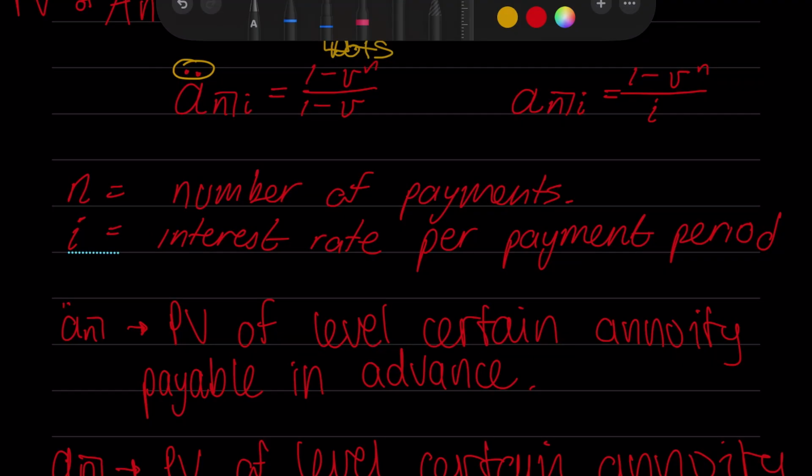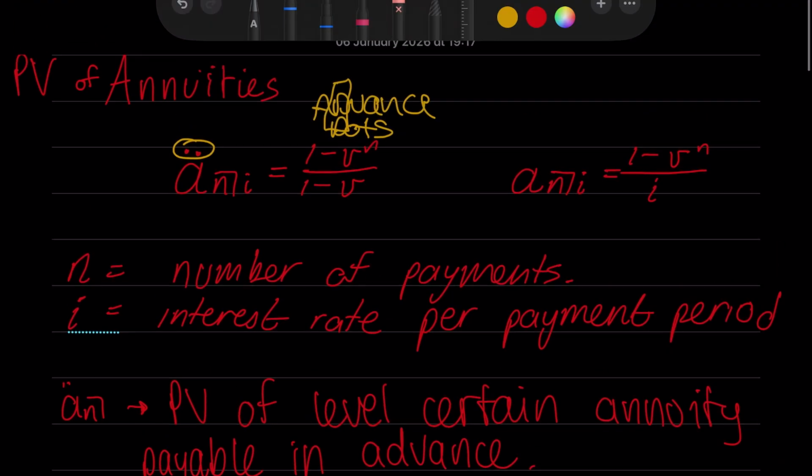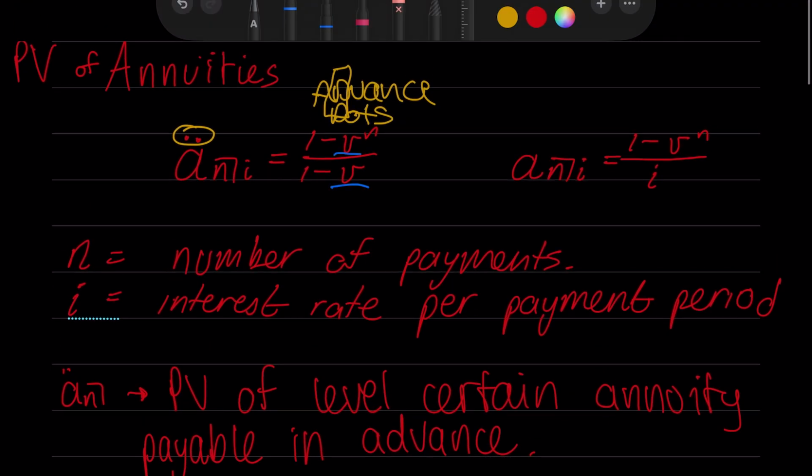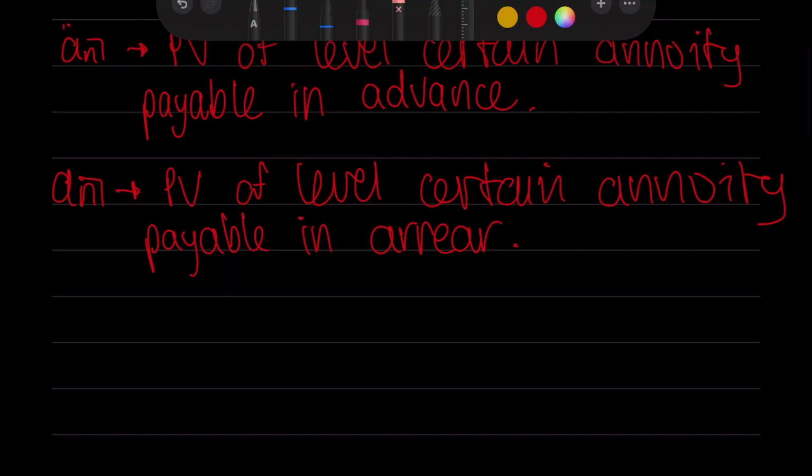So if we go back to the formula, I left out one letter here, the V's. There's a V there, and there. So what these V's are, the V is called a discounting factor.